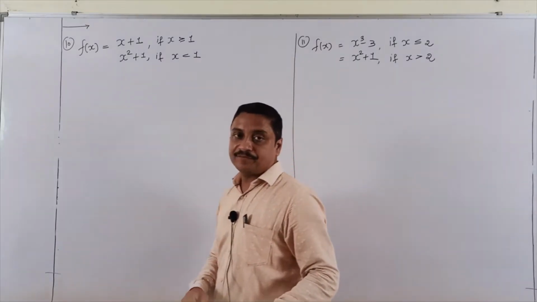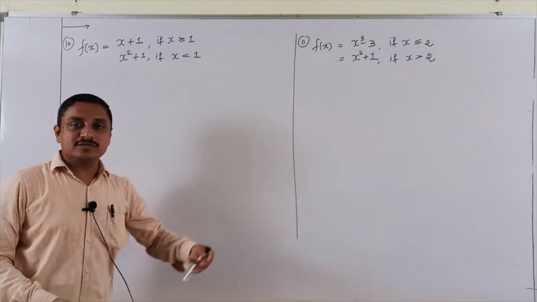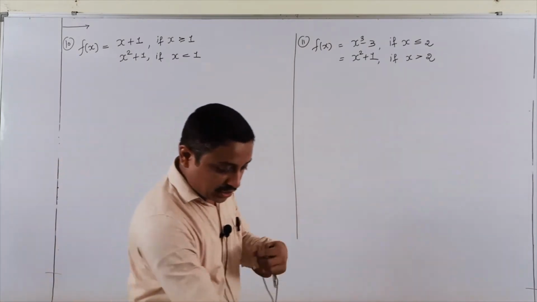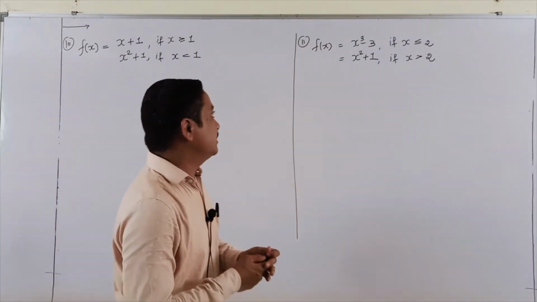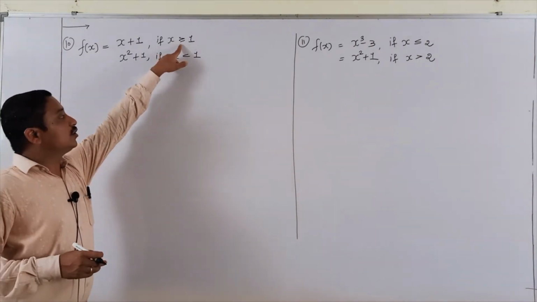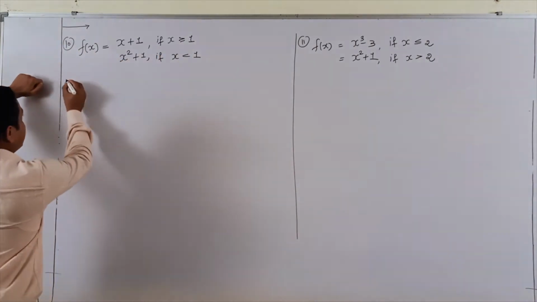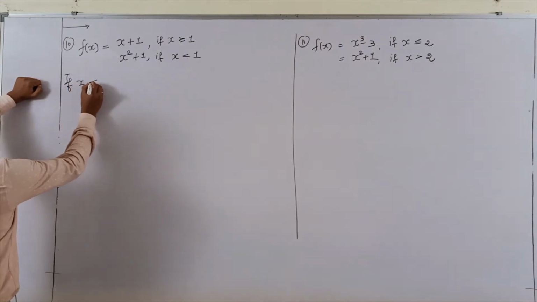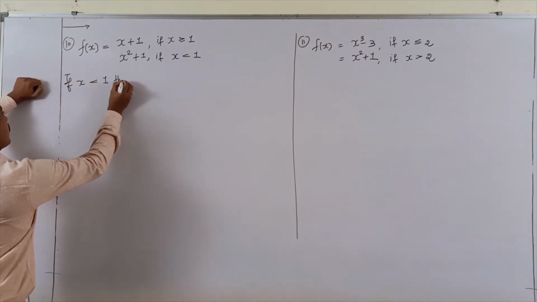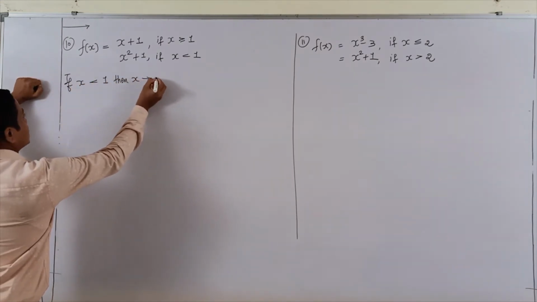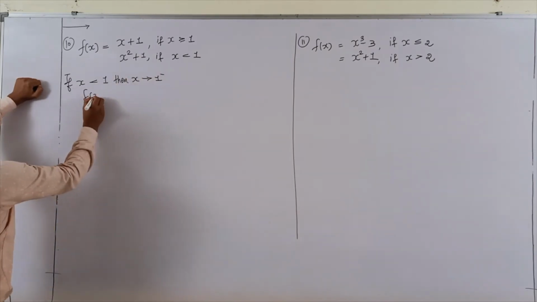Continue, students, question number 10 and 11 are both parallel sums, so I explain both in the same explanation. First of all, here x greater than or equal to 1 and less than 1, so I check if x is less than 1, then x tends to 1 negative.